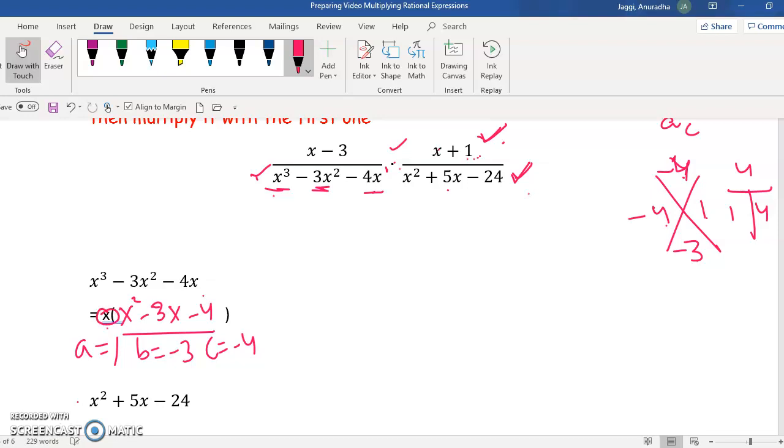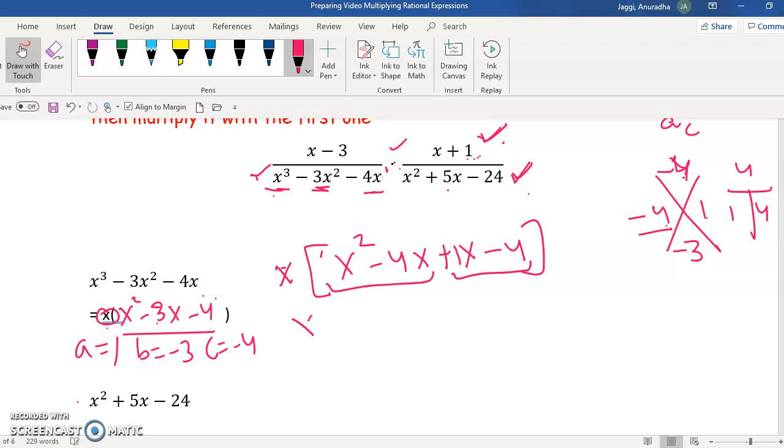Don't forget to copy this x. So this becomes x times, I'll put a square bracket here, x square, the middle term I split, -4x plus 1x, and this -4. Okay, so now I pair them up and I write down my factors. So take the x common from here, you get x minus 4, and repeat that factor x minus 4 and copy down that one, making sure 1x minus 4.